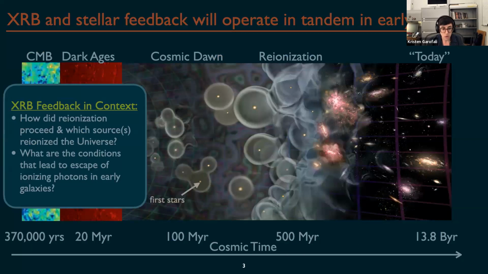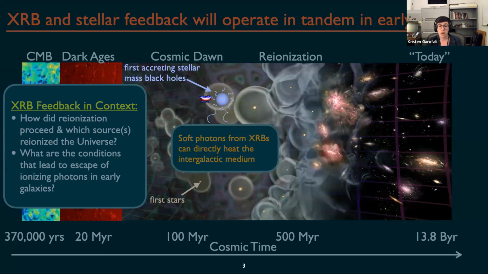As the first stars form in early galaxies, so too should the first accreting stellar mass black holes. Obviously, these evolve from massive stars. And so X-ray binaries, in addition to operating in tandem with the stellar populations, have some favorable characteristics that make their feedback important in the context of reionization and really across cosmic time.